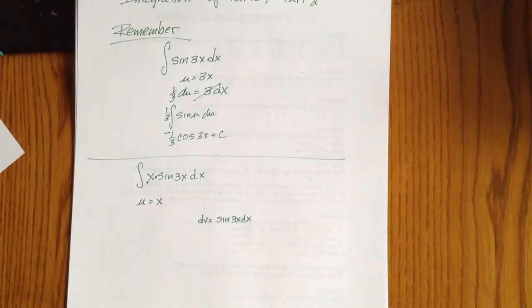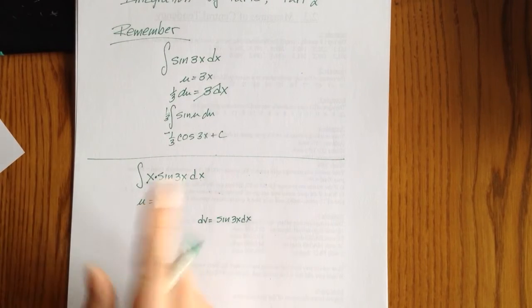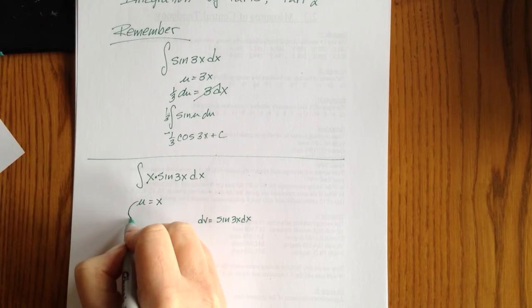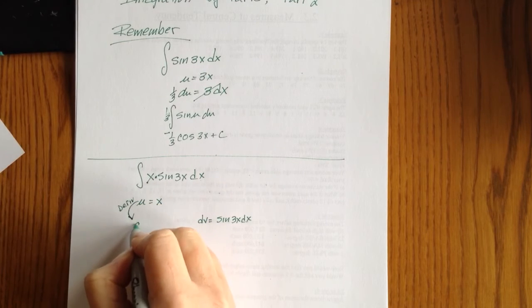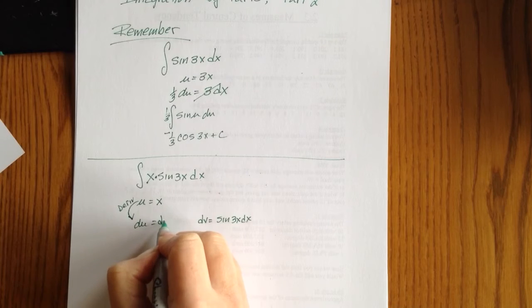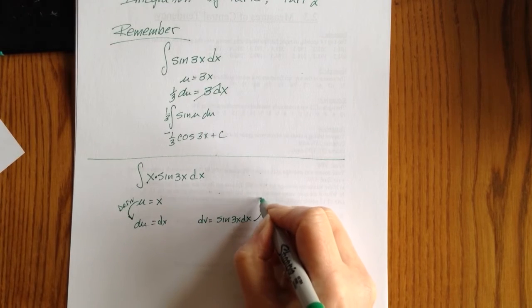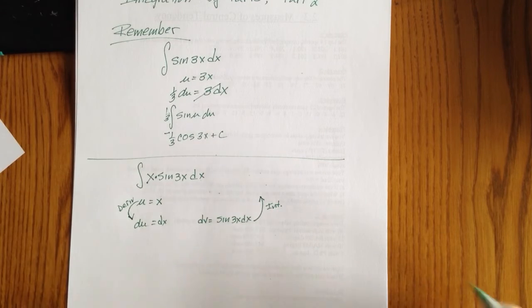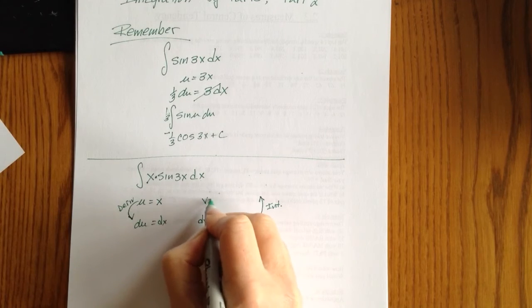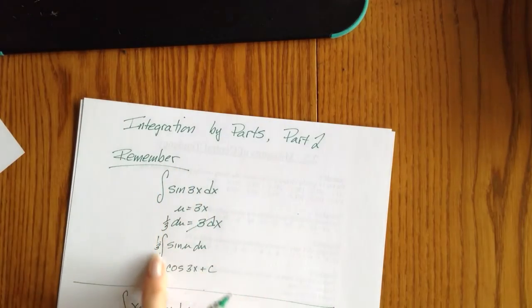All right, so how do we do this again? We will take the derivative of u, and we will do the antiderivative, also known as integration, of dv. Now, when I do these, I'm picturing all of this in my head.